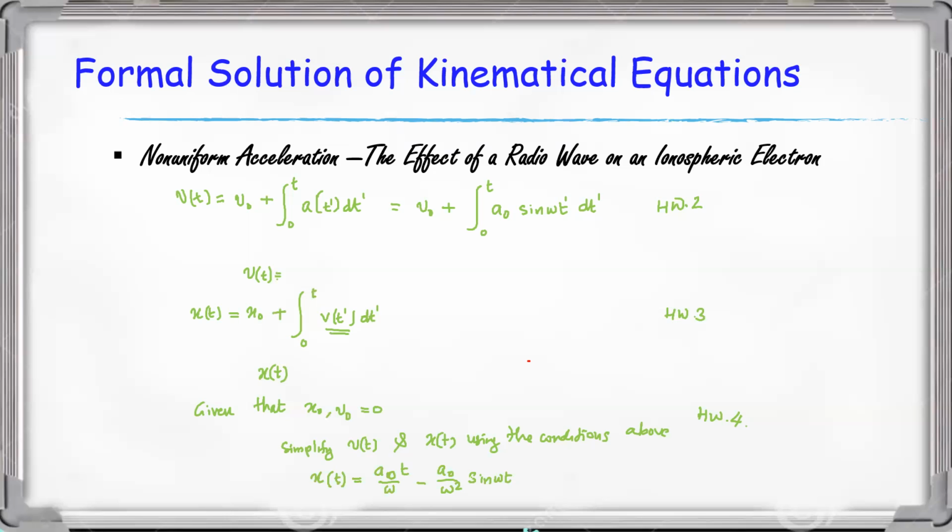So the electron has two types of motion. First is a motion with uniform velocity and the second is a jiggling motion.